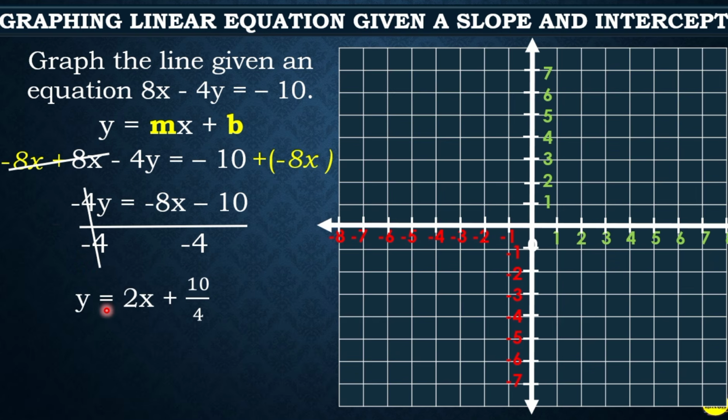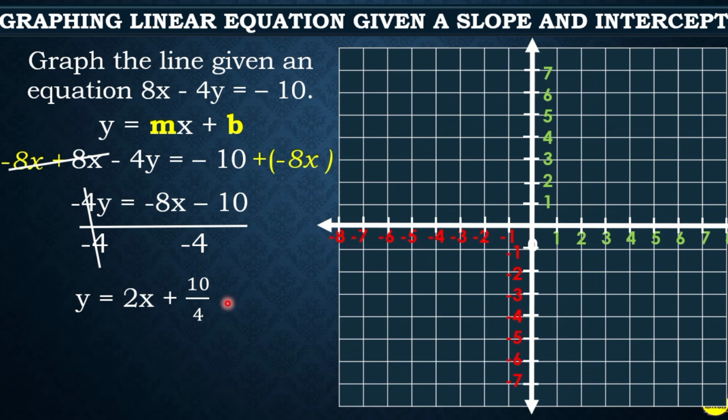We will have y equals negative 8 divided by negative 4, which is positive 2x. Why positive? Because they have the same sign. Then negative 10 divided by negative 4, same sign again, so it becomes positive 10 over 4.